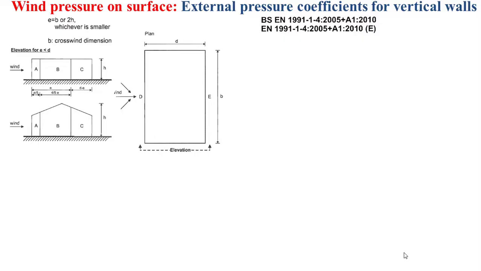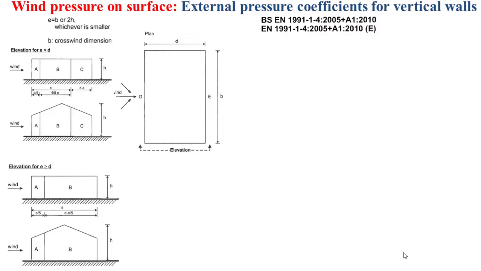The in-wind dimension of the zone B is equal to 4 divided by 5 multiplied by the dimension small e, and the in-wind dimension of the zone C is equal to the dimension small d minus the dimension small e. And as you can notice here, the elevation view depicts a building with a flat roof and also a building with a duopitch roof.